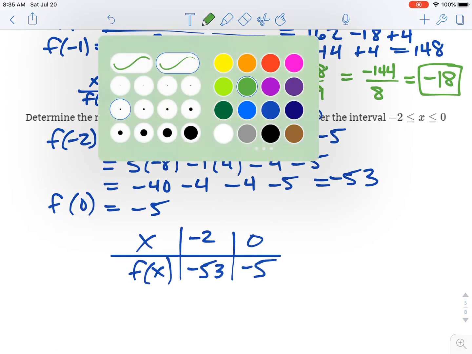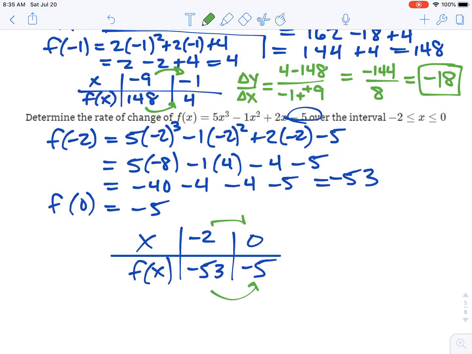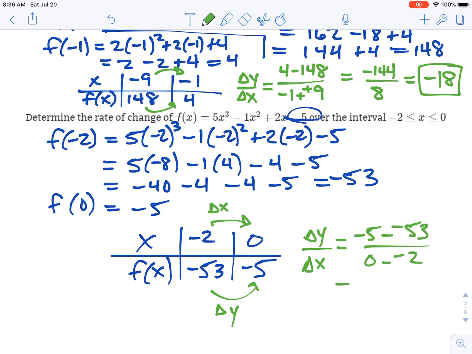And again, we just find the y change divided by the x change. This is the change in y. This is the change in x. So the change in y is negative 5 minus negative 53 over 0 minus negative 2, which looks kind of crazy. But this is actually just increasing by 48 from negative 53 up to negative 5.